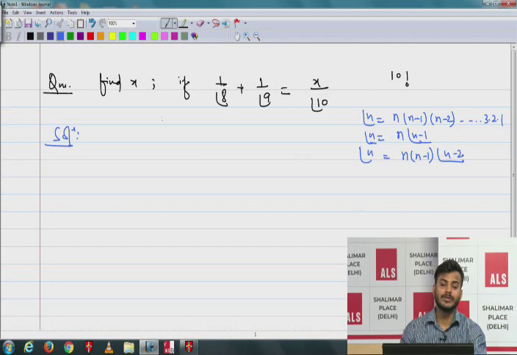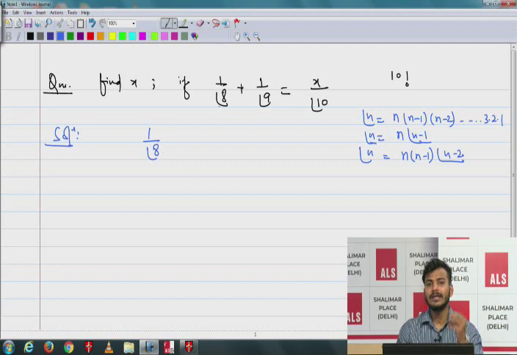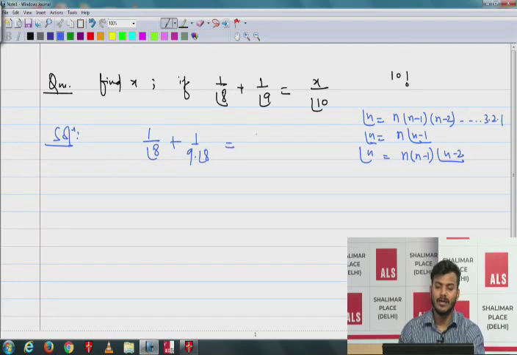Yes. Now you see, 8 factorial will be common to all of these. 9 factorial can be written as 9 times 8 factorial, so 1 upon 8 factorial plus 1 upon 9 times 8 factorial equals x upon 10 into 9 into 8 factorial. Why am I writing so? Because I can cancel 8 factorial from each and every term.